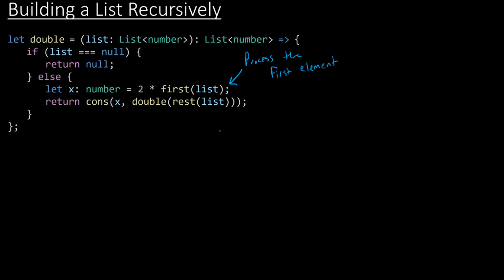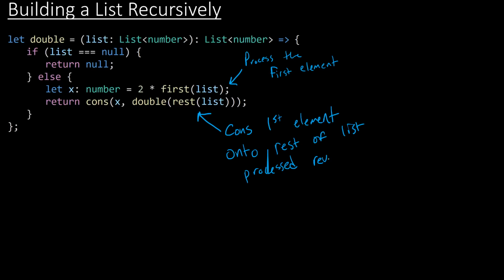The second important part of building a list recursively is we are going to cons the processed first element onto the natural recursion of the rest of the list, or onto the rest of the list processed recursively in the same way.